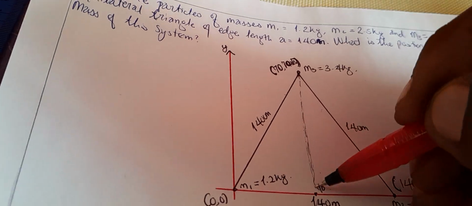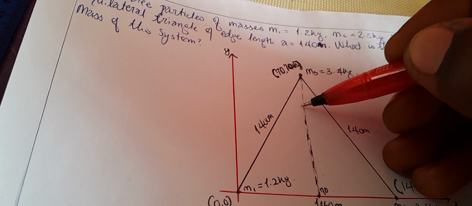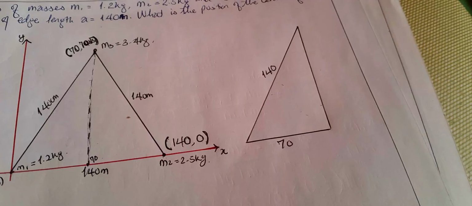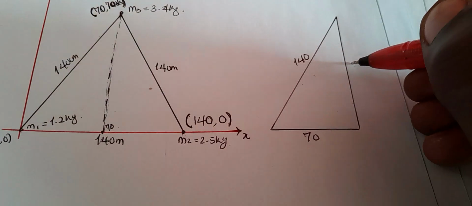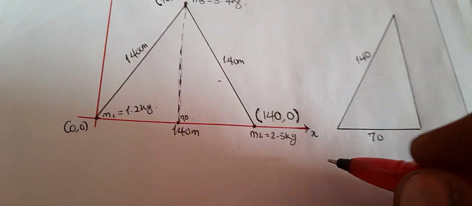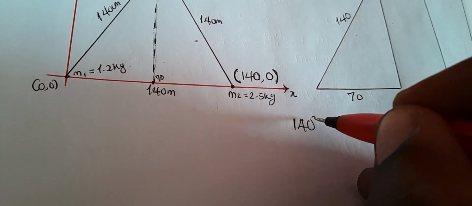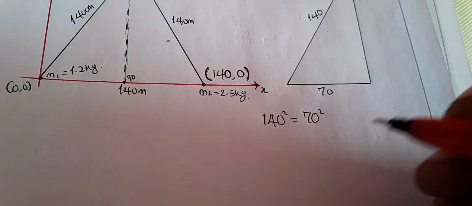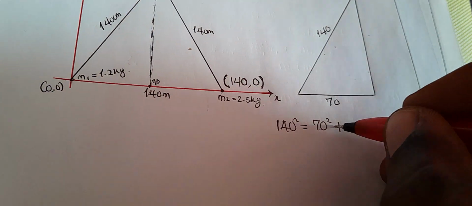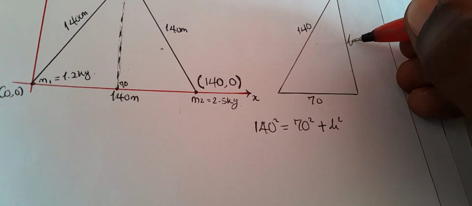To calculate the height, we need to use Pythagoras theorem. So I had to cut that part out so we can see it very well. We want to find the height here. Hypotenuse squared equals opposite squared plus adjacent squared, and let's call the height h.